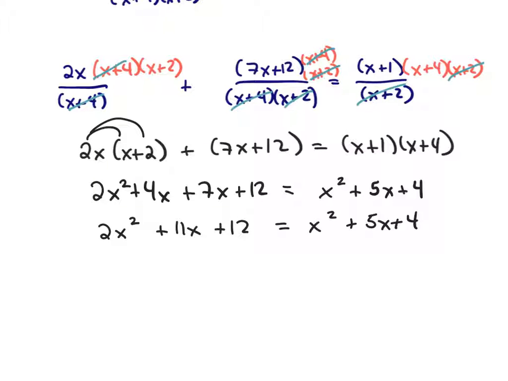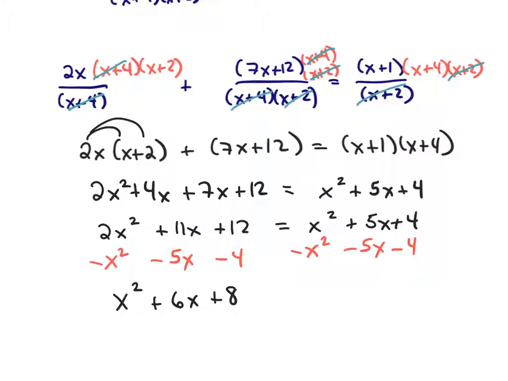So it's going to be a quadratic, so I'll try to get everything on one side. So I'll subtract the x squared, I'll subtract the 5x, and I'll subtract the 4. So I get x squared plus 6x plus 8 equals 0. Solve that. Factors is x plus 4, x plus 2.